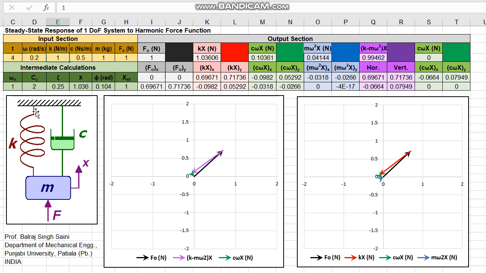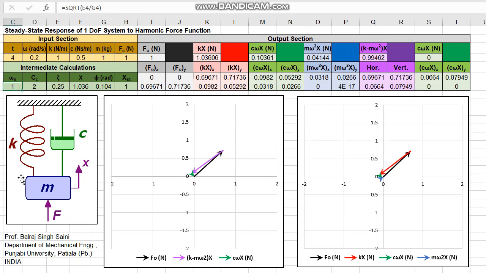K is the stiffness of the spring in newtons per meter. I have used SI units in this entire worksheet. C is the damping coefficient in newton seconds per meter. M is the mass. F naught is the amplitude of the externally applied force in newtons.